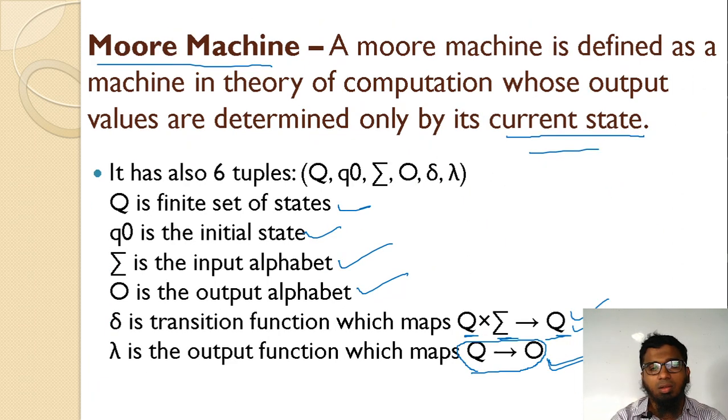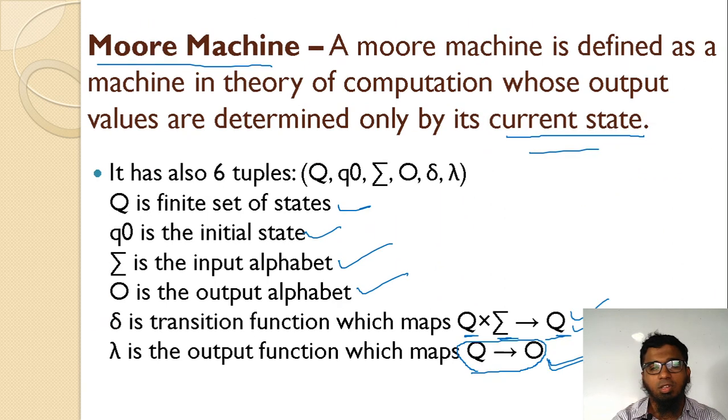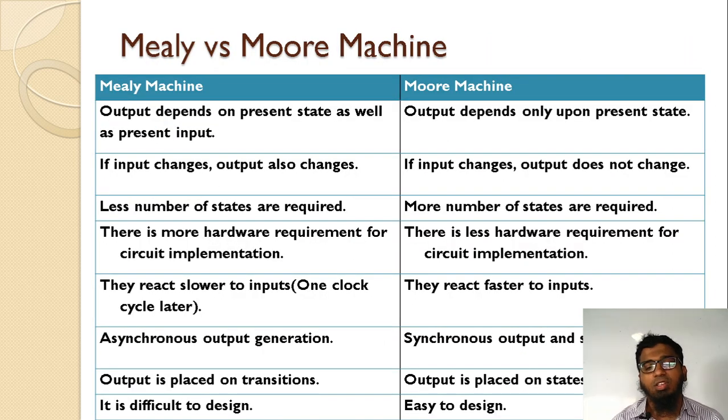So Mealy and Moore both have 6 tuples. Here are the differences. What is the first one?